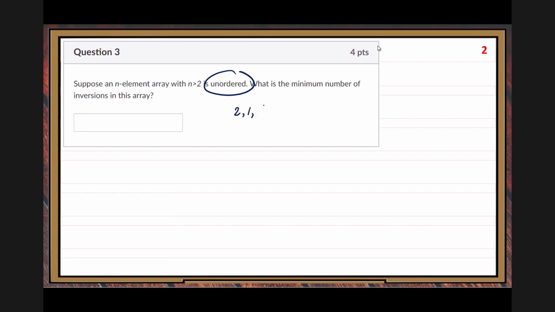After that, ascending order: 3, 4, 5. So you can see only 1 inversion. If you swap the first 2 elements, you get an ascending order array. Only 1.